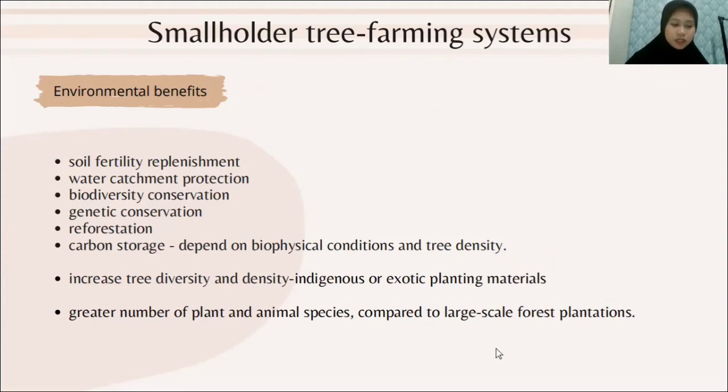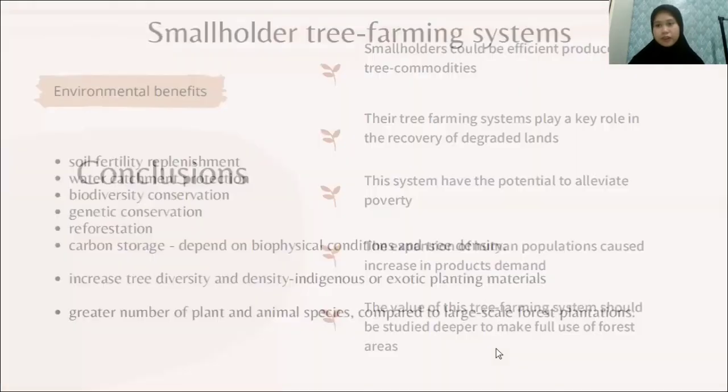A smallholder tree farming system contains greater number of plant and animal species compared to large-scale forest plantation.